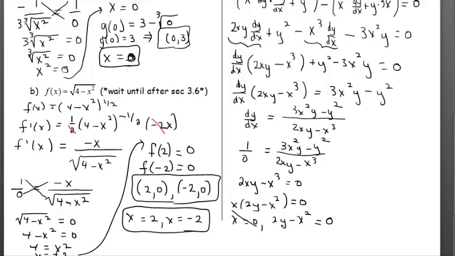Okay, so what do we do with this thing? Well, I'm going to just go ahead and solve it for x squared. So I'll have 2y equals x squared. And then what I have to do is go back to the original equation and either put in x squared is 2y, or maybe solve this for y, divide both sides by 2. We have some choices here.